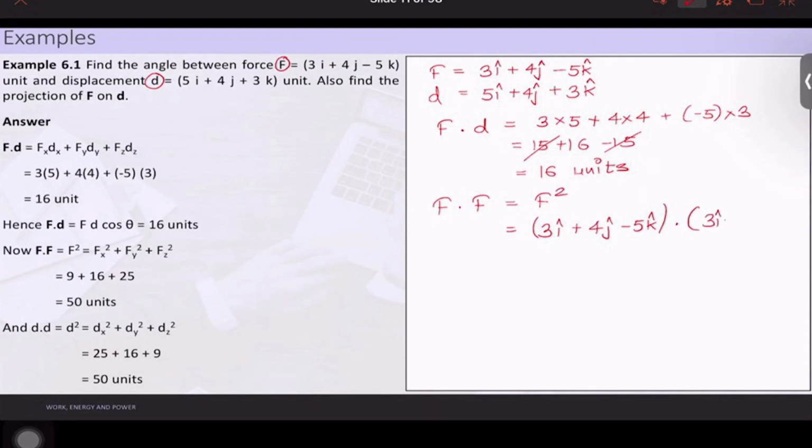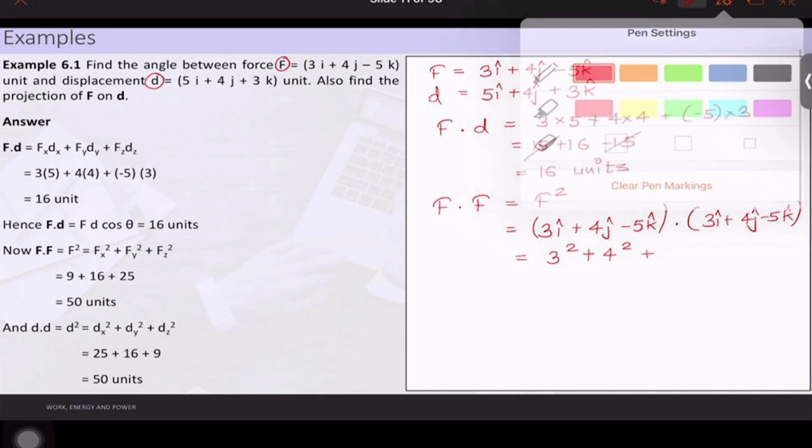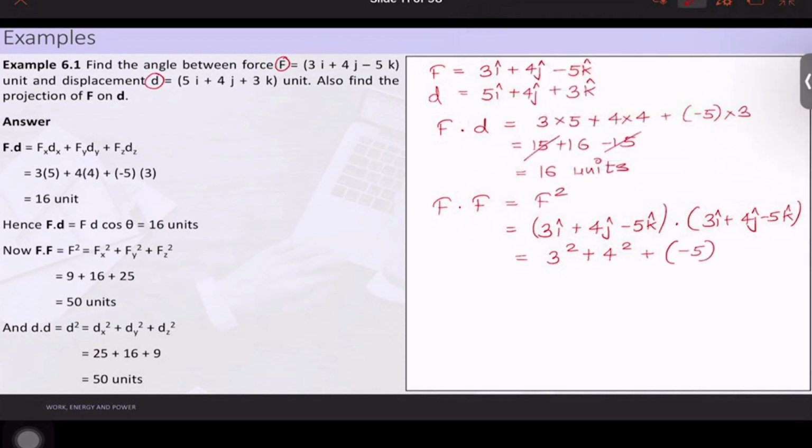So let us calculate. It will be nothing but 3 squared plus 4 squared plus minus 5 squared. So it is nothing but 9 plus 16 plus 25, which will give you 50. So this is 50 units.